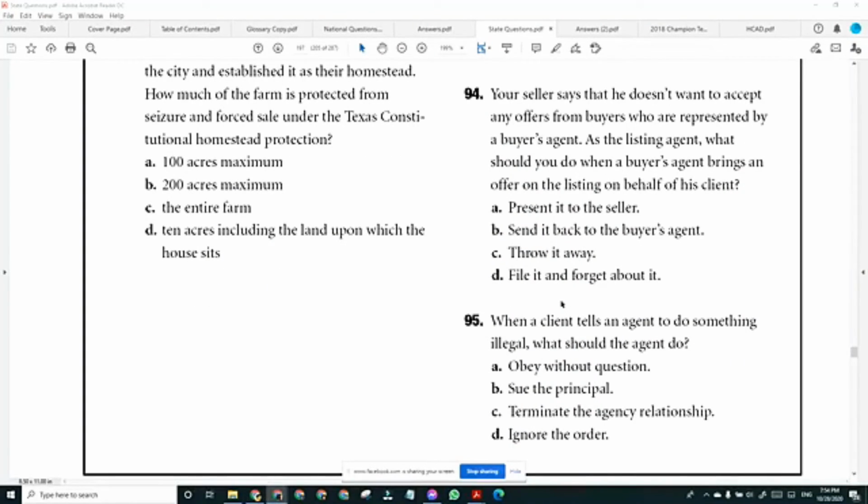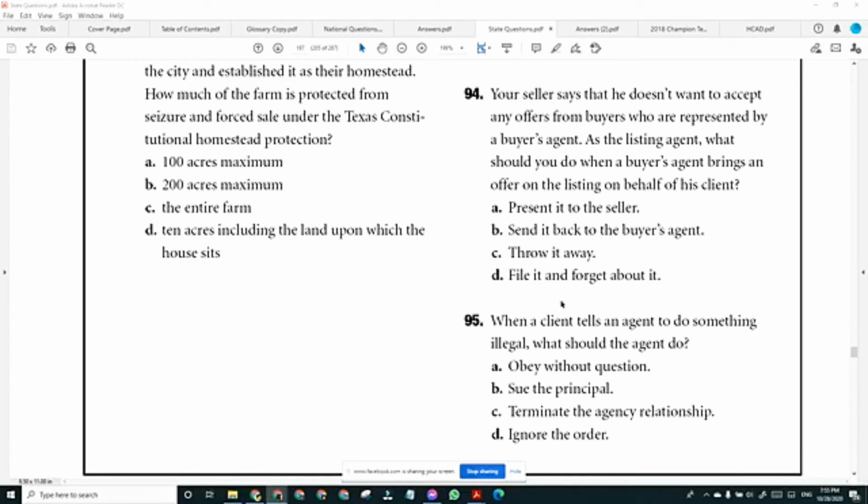Number 94. Your seller says that he doesn't want to accept any offers from buyers who are represented by a buyer's agent. As the listing agent, what should you do when a buyer's agent brings an offer on the listing on behalf of his client? A, present it to the seller. B, send it back to the buyer's agent. C, throw it away. D, file it and forget about it. Oh my gosh.